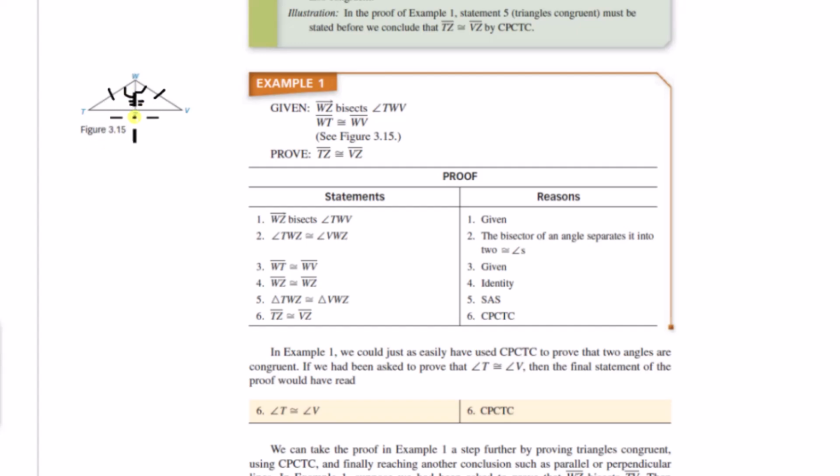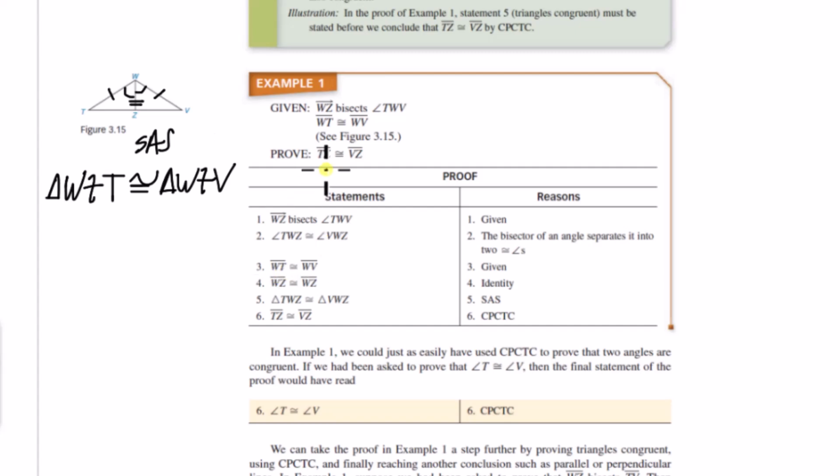So WZ is congruent to itself, and so by side angle side, you've got triangle WZT is congruent to triangle WZV. And then from there, we would just start stating the other congruences. Because if the triangles are congruent, we know that the corresponding parts are congruent, right?